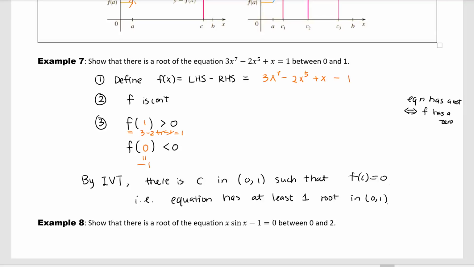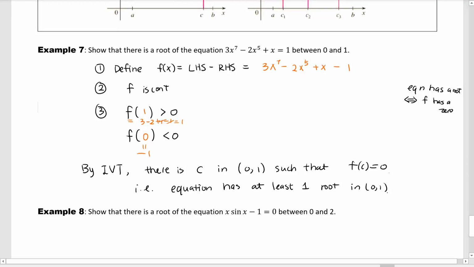So this is the complete proof. Okay, isn't it very easy? So for a different kind of problem, you just change the orange part. Okay, so keep this in mind.